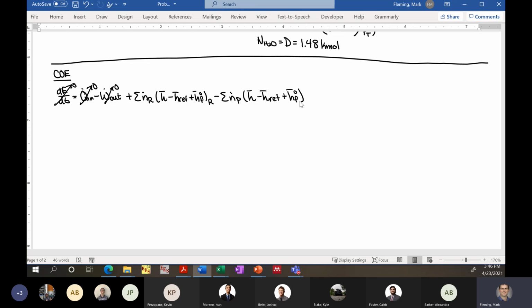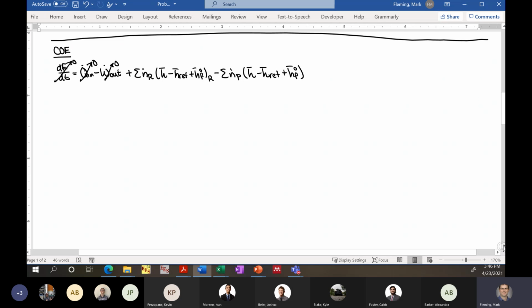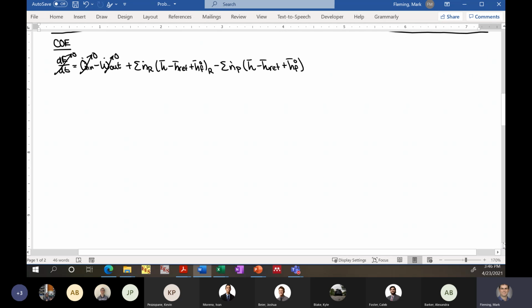What we see here is the same setup we had in the slide: the sum of all of the products has to equal the sum of all of the reactant enthalpies. I'm going to write this out, and this is probably the last thing we get. We may be able to simplify it a little bit, but we're going to set ourselves up so we have the reactant side equaling the product side. Basically, we're just going to set these two equal to each other.